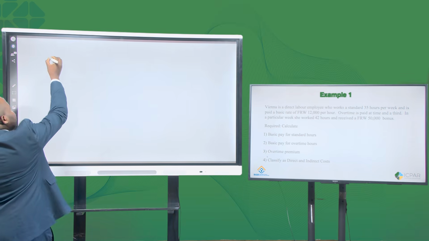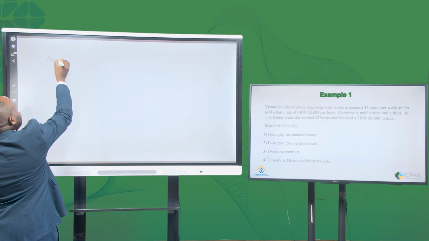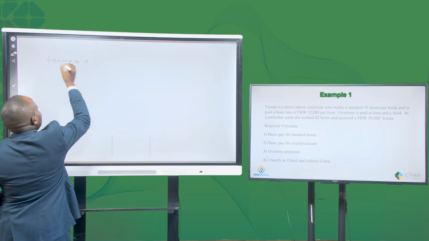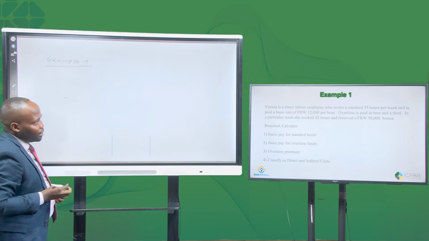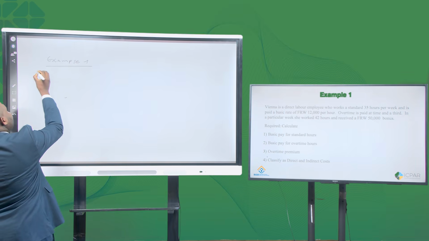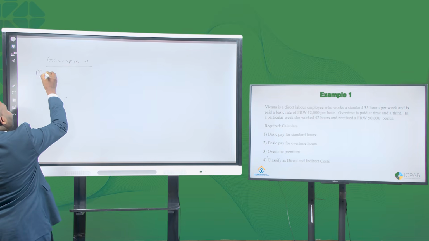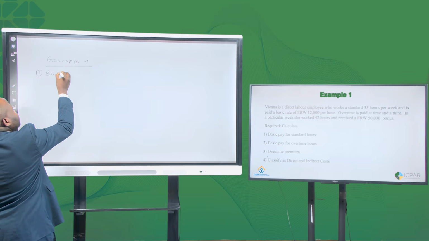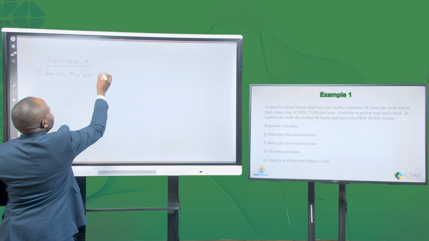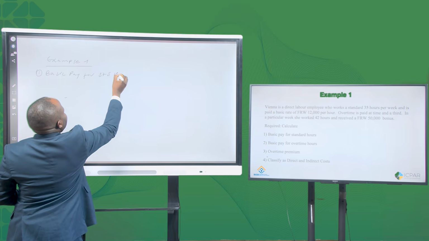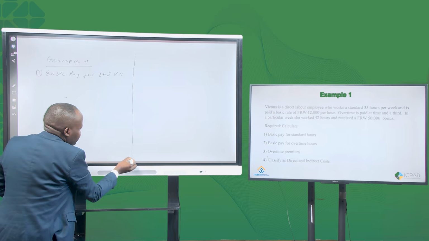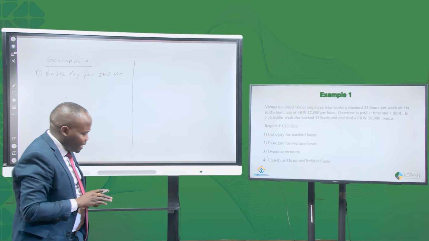So we are being told in this example 1, we are analyzing our overtime. There are a number of components we are looking at. Number 1, we want to look at basic pay for standard hours.